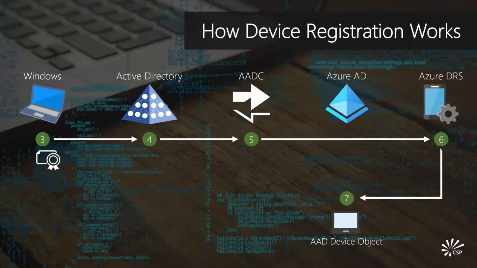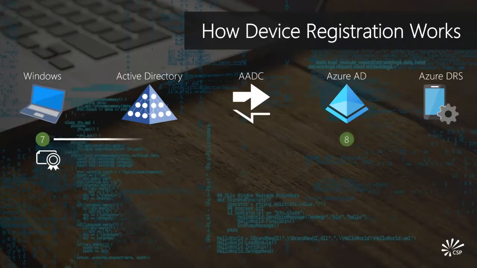Its status will be pending. This is just to let you be aware that the process has started, which can be helpful if you run into problems with the join process. You can look at the device state in the Azure AD portal and see whether it ever got past the pending state. If it reached pending, we're at least at this stage. If it got past pending, then we'll be in further stages. It's really just to help you out if you need to troubleshoot the process.